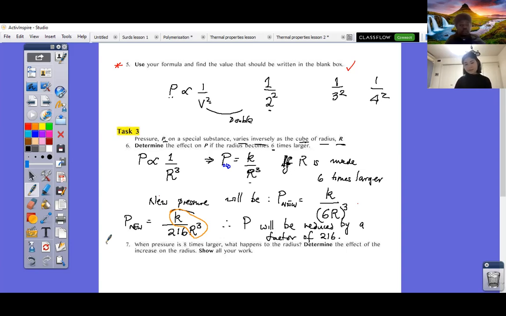I'm not entirely sure. Okay, a bit tricky this one, a bit challenging. I can see why you might find this one a bit tricky.